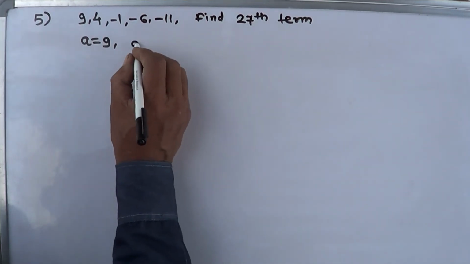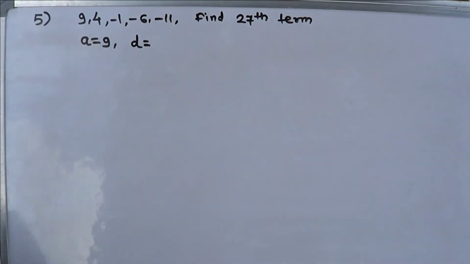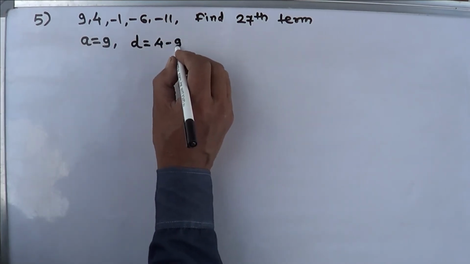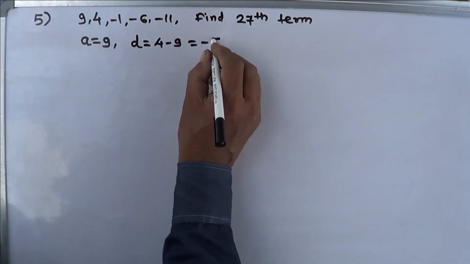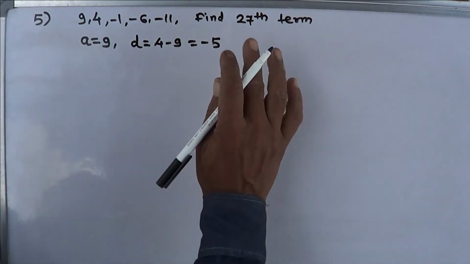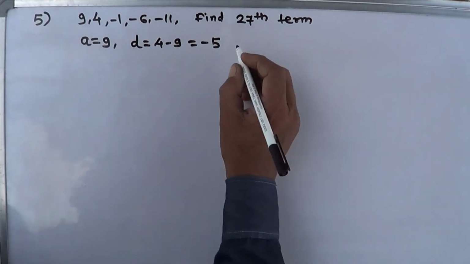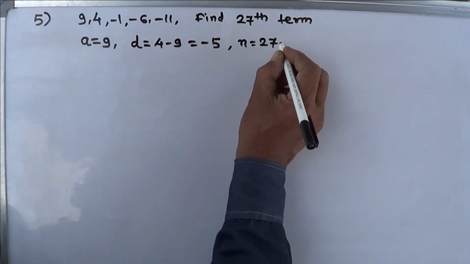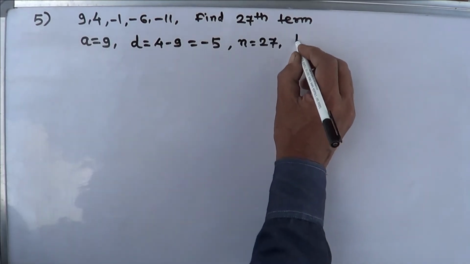To find D, we will subtract first term from second term, that is T2 minus T1, that is 4 minus 9, which will be equal to minus 5. We have to find out 27th term. So here we have n is equal to 27, and we have to find out T27.